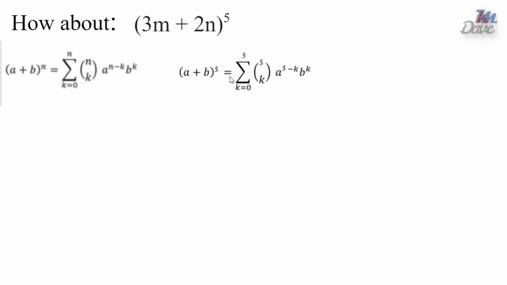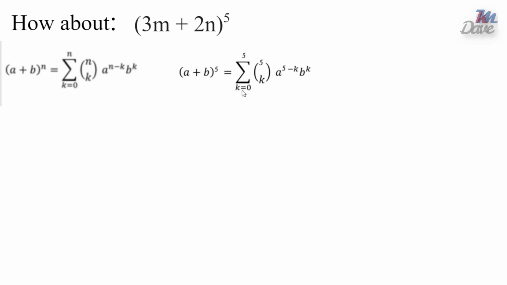We can expand it by using the summation of k equals 0 up to 5 of 5 choose k times a to the 5 minus k times b to the k. Kung saan, yung exponent ay sinubstitute natin sa n, which is yung n ay pinalitan na natin ng 5.